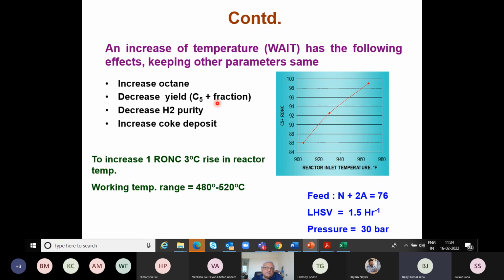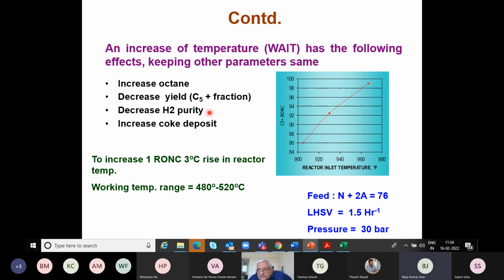And because of the presence of C1, C2, the hydrogen purity is also reduced. Remember, I mentioned that catalytic reformers in refineries are also a source of hydrogen. And not very many years ago, it was the only source of hydrogen in a refinery, because the refinery still did not put up hydrogen plants to produce hydrogen, because there was no spec on sulfur, etc., on all the fuels that we were using.